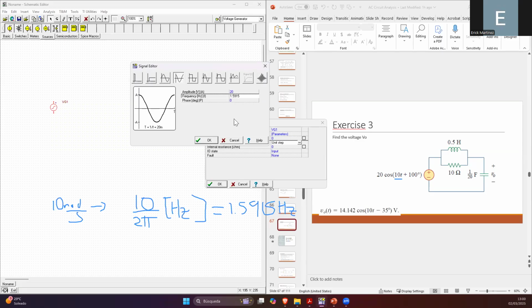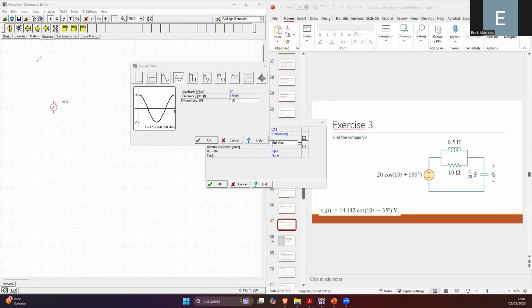You click OK, and also you need to select the phase angle, which according to the problem is 100 degrees. So you select the phase angle, which is 100, the same as right here. Here you can notice that we are placing the frequency in hertz and the amplitude of the sinusoid that is right here. Okay, so we can erase all of this and continue.